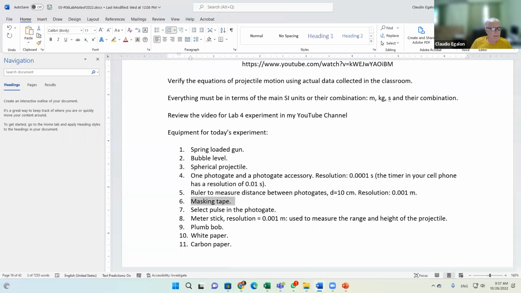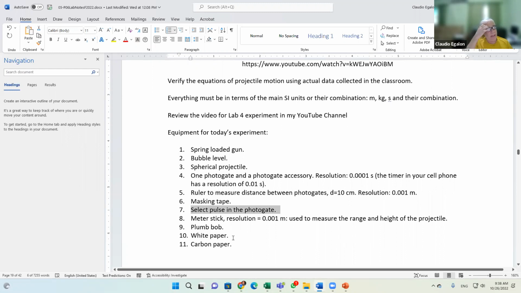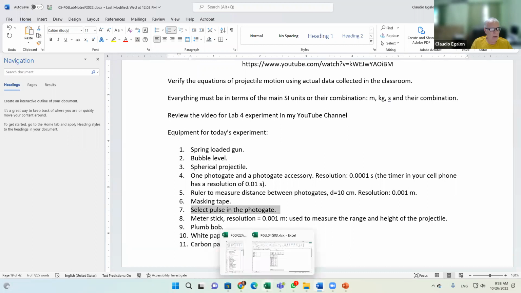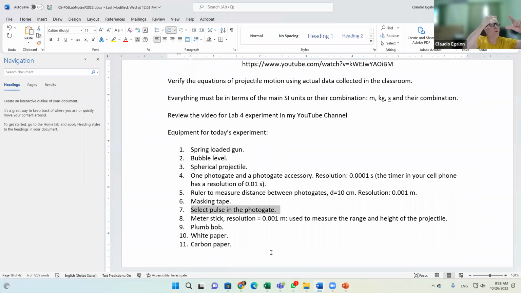We also use masking tape to fix everything there. This is the setting of the photo gate that I'm talking about. The photo gate has 3 settings. One of them is the gate setting, which is the setting that the professor in the video was using. What we use is the pulse setting. In the gate setting, when we pass an object through the first gate, it tells you exactly how long it took for the object to pass through only one gate.